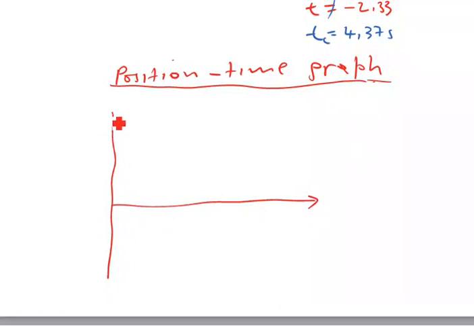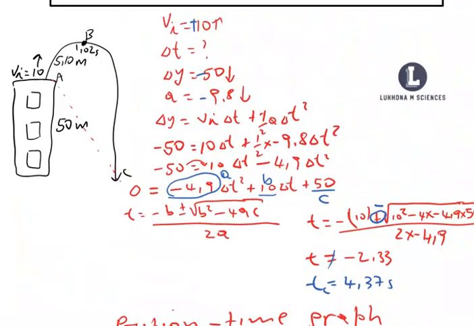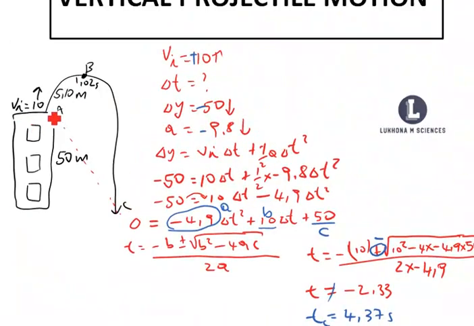The y-axis is the position, let's say dy in meters. The x-axis is delta t in seconds. So we have 0 here. If we use the starting point as the 0 reference, we are going to draw the graph on the diagram.